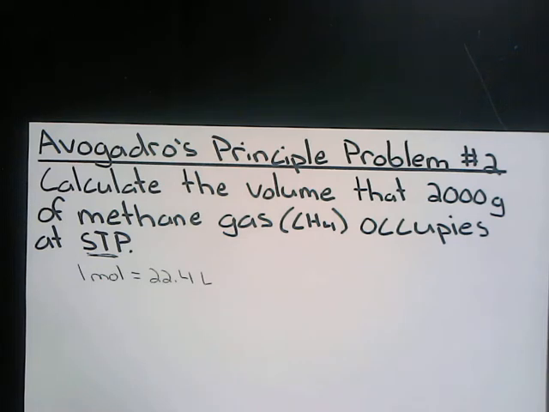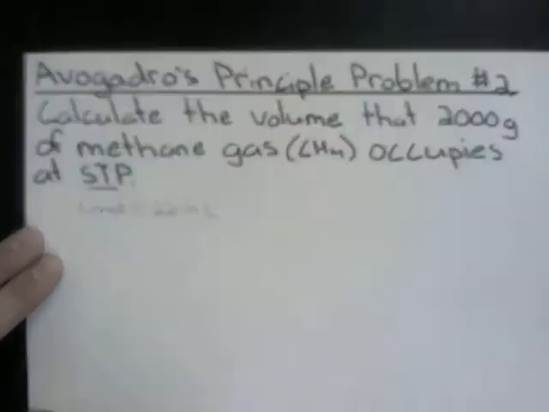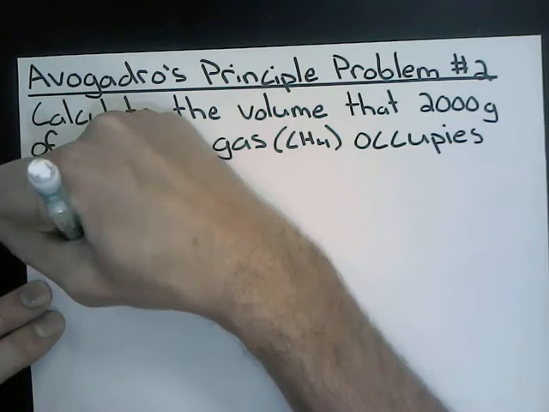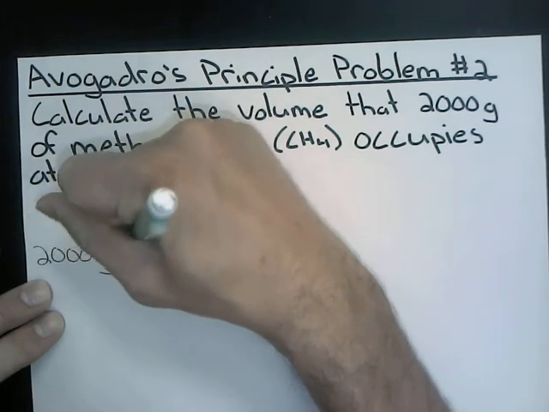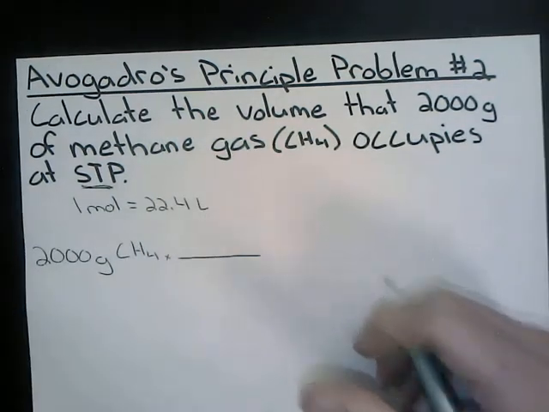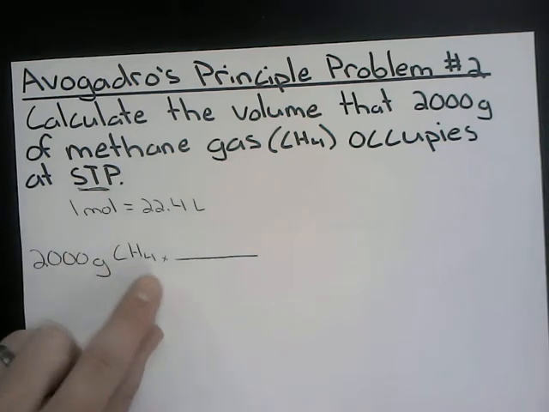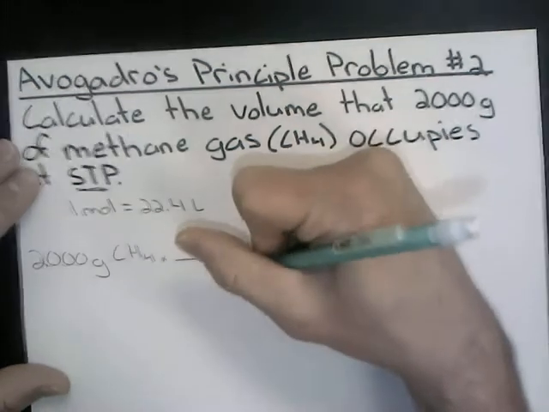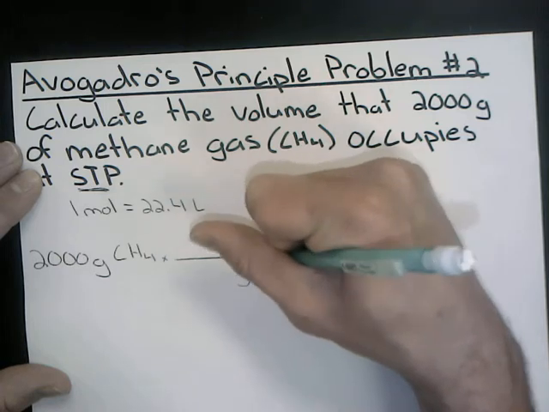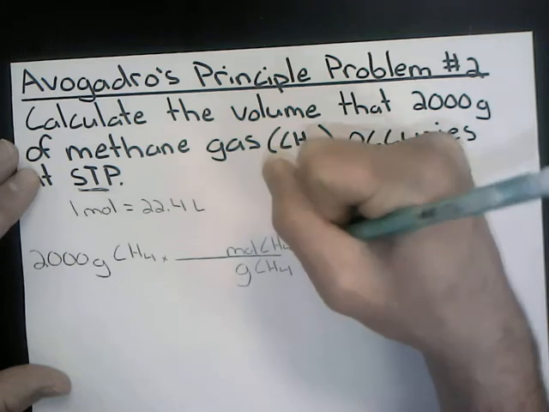Now, what we need to do is we need to start out and we need to write down what's given. So we are given 2,000 grams of methane. So we're going to write down 2,000 grams of CH4. To use this, we have to get in moles first, and we have to cancel our units diagonals. So we will have grams of CH4 on bottom, and on top we can get to moles of CH4.